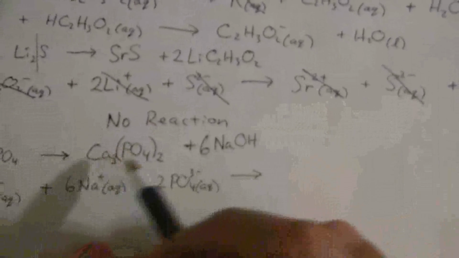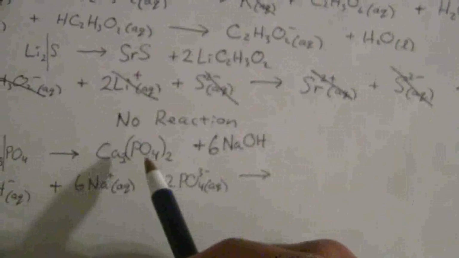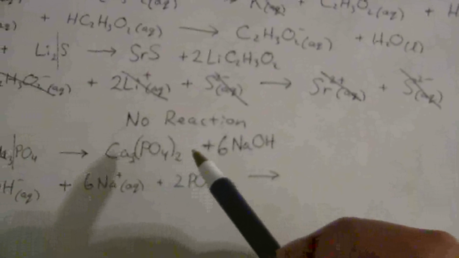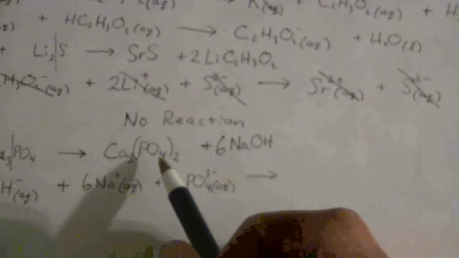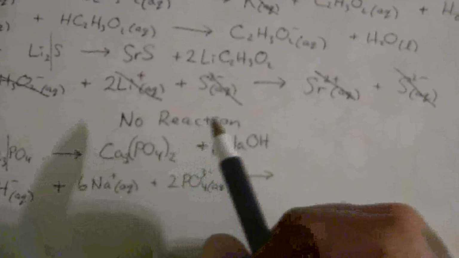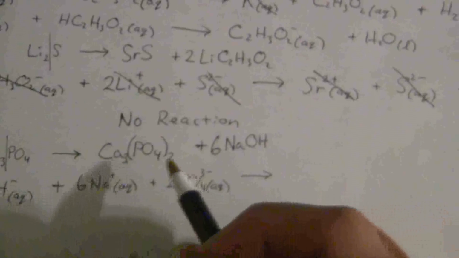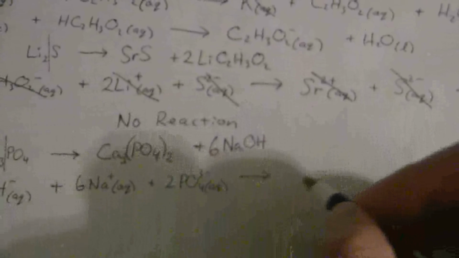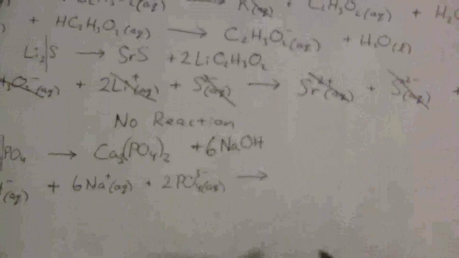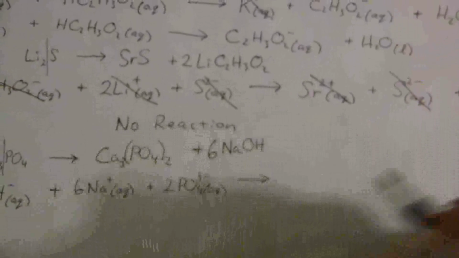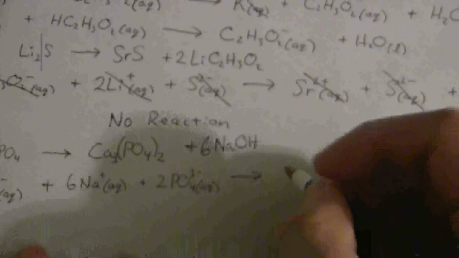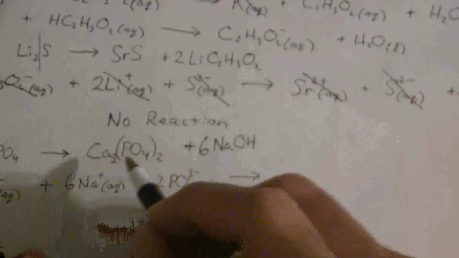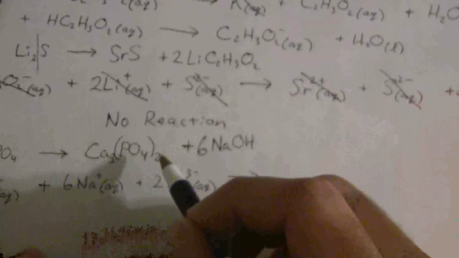All right, now we check the calcium phosphate. If we look under phosphates, we'll find that phosphates are generally insoluble. We check the exceptions. Calcium is not an exception. The only exceptions to that rule are ammonium ions and the group 1 ions, sodium, potassium, lithium, etc. All right, but calcium is not an exception, which means when I put this in water, nothing happens.